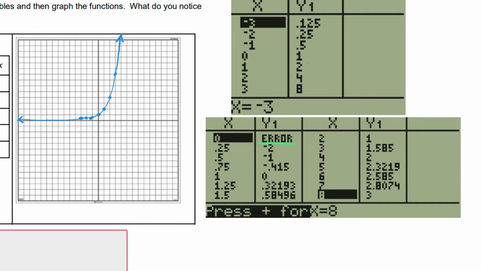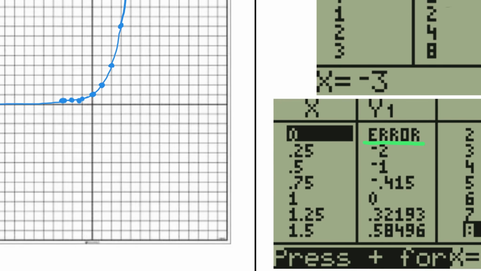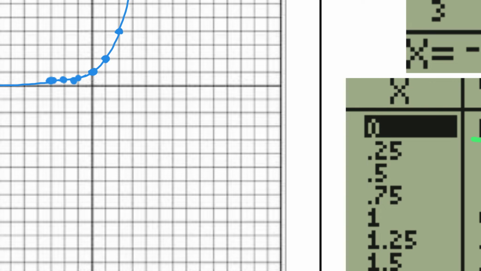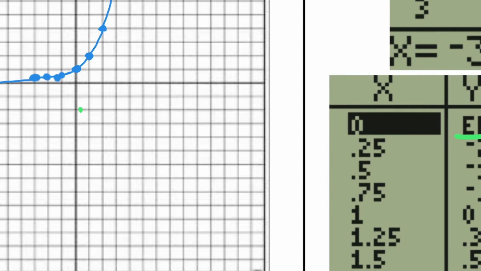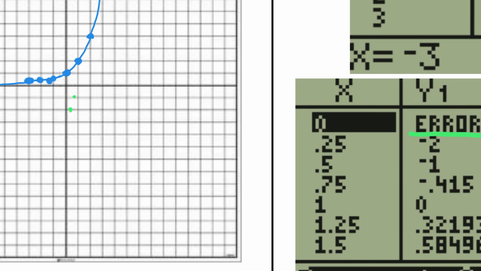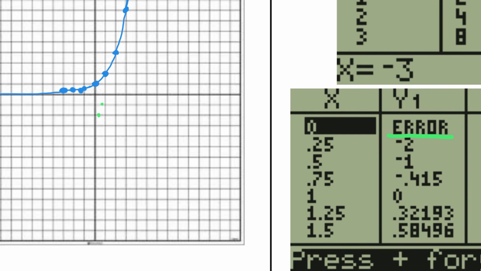Now, if I were to back this up, I'm going to continually get error readings as I go along. So I'm going to graph the points that I definitely know. One of these you're going to hopefully remember from yesterday, but at 0.25, we have a value of -2. That would be right there. And at 0.5, we have a value of -1.